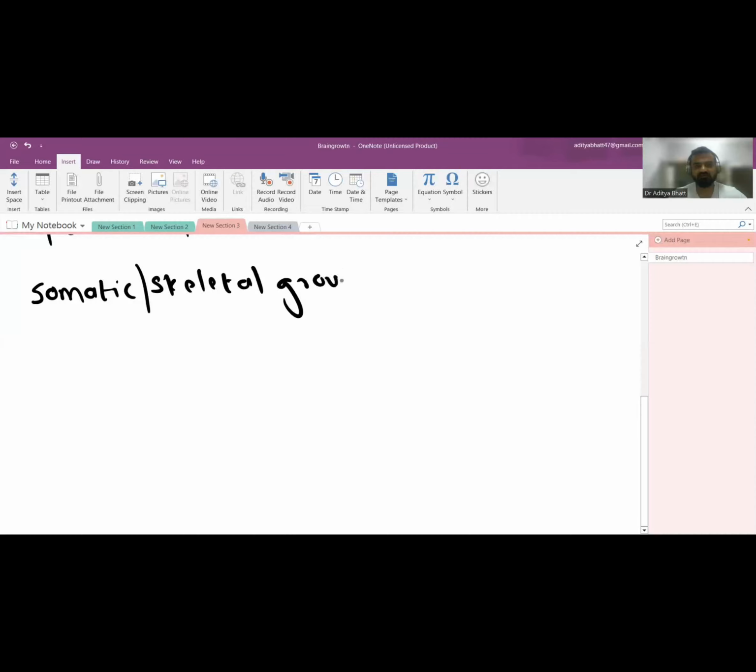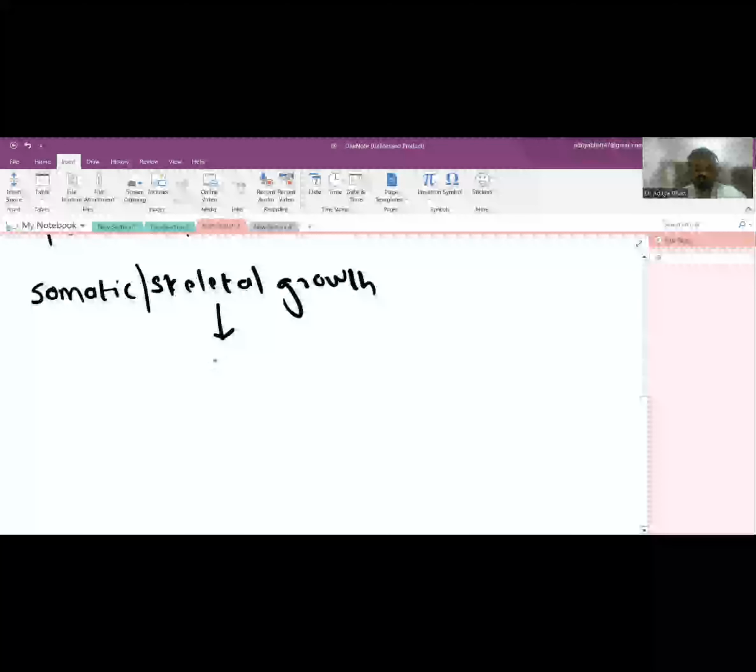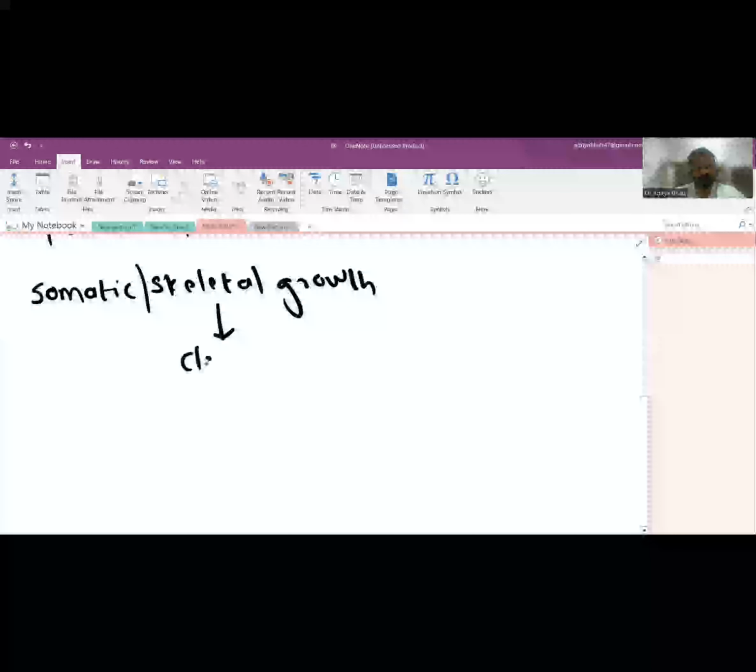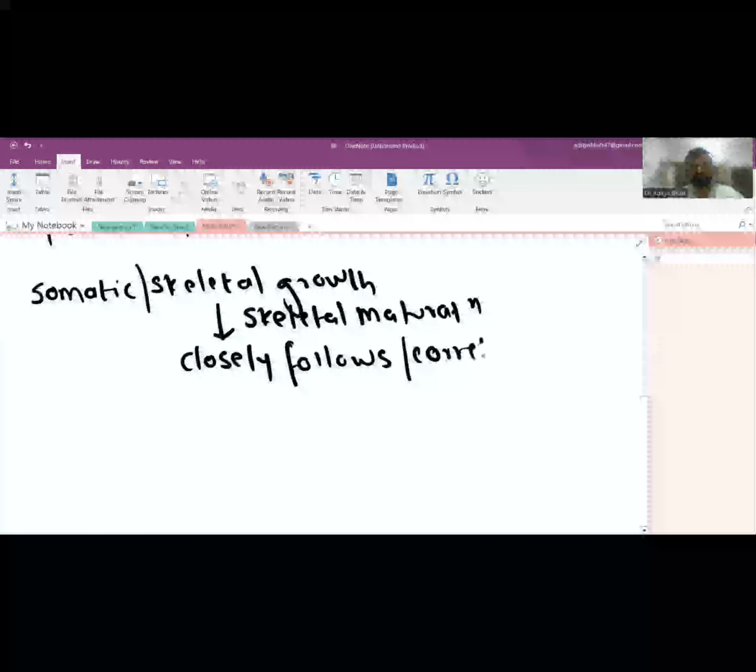Now, when we use the word skeletal growth, this MCQ you have to remember: skeletal maturation closely follows or correlates with sexual maturity.